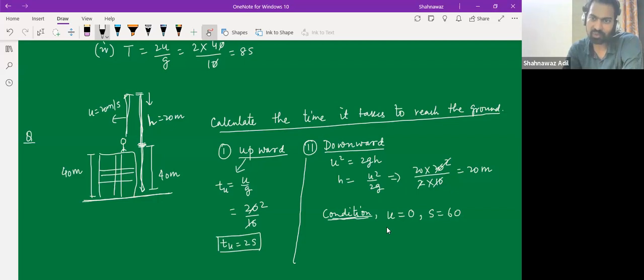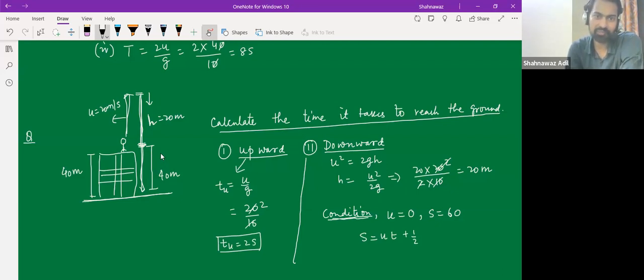Then we have to calculate the time. We know that s is ut plus half, and are we in the direction or against the direction? We are dropping, we are falling, so falling is in the direction.